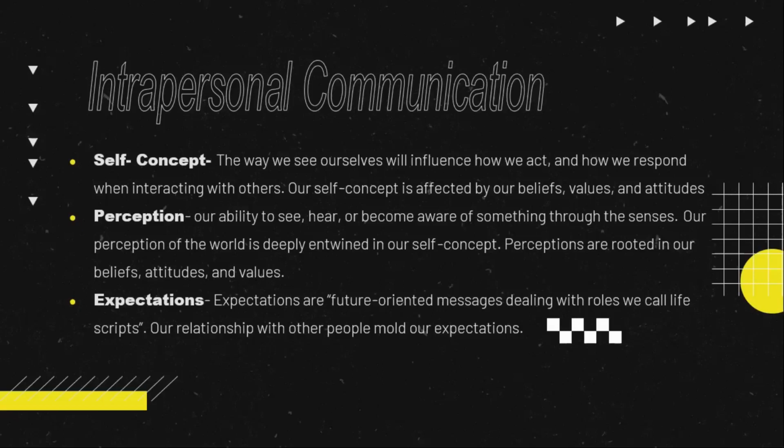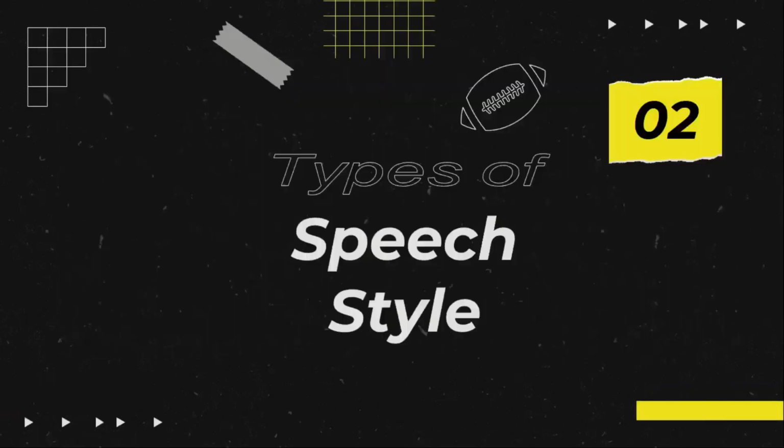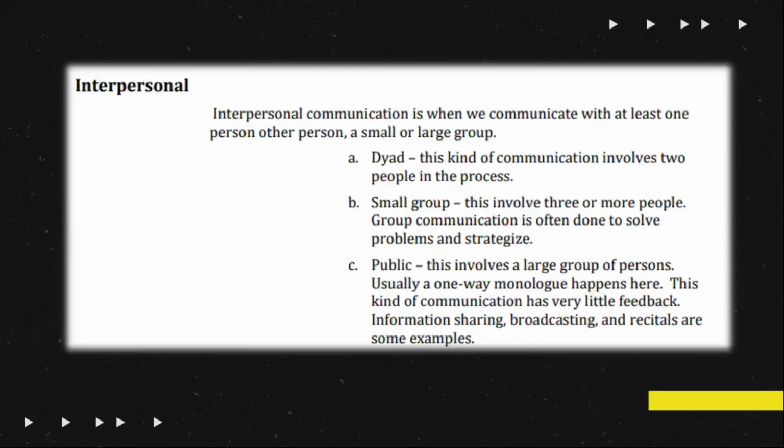When we say inter, it is communicating with other people, with one person. We already studied this during our previous discussions in first quarter. It has different types: we have dyad, small group, and public.